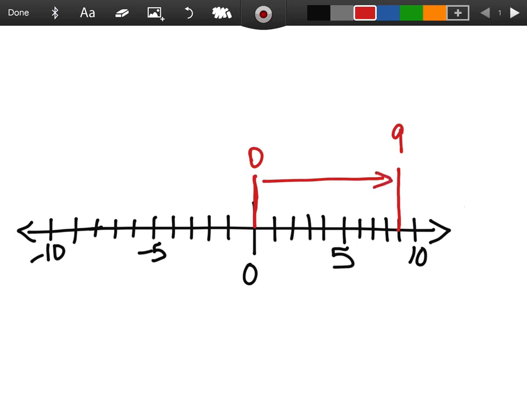How far am I traveling? Well, if I sit here and I count, I can start at 0 and I can say, okay, there's 1 unit, 2, 3, 4, 5, 6, 7, 8, and 9. So I know if I am traveling from 0 going to the 9, I have traveled 9 units.